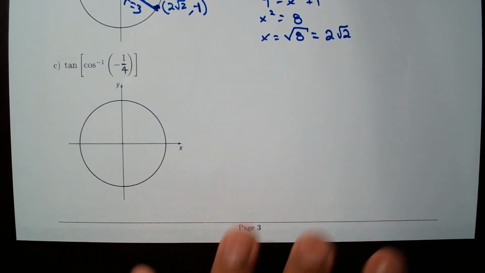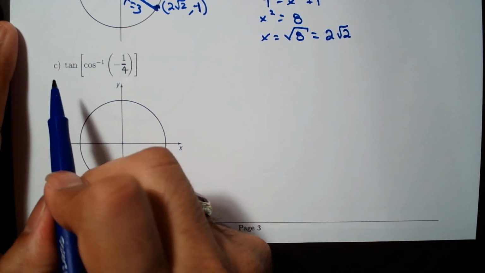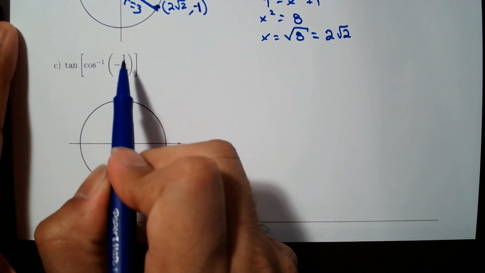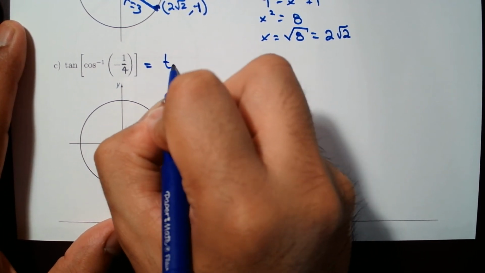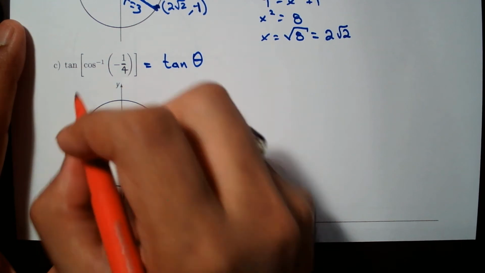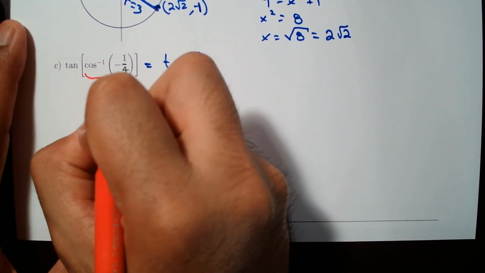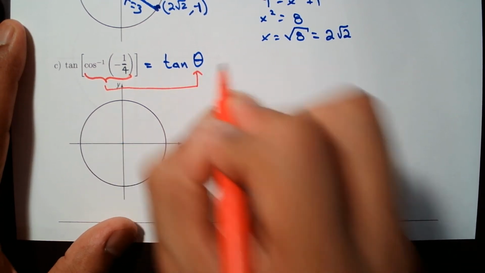Last of this set of examples in this topic. Well, we're gonna evaluate tangent of cosine inverse of -1/4. So again, we use the same trick, tangent of some angle, in which we will replace all this with theta.